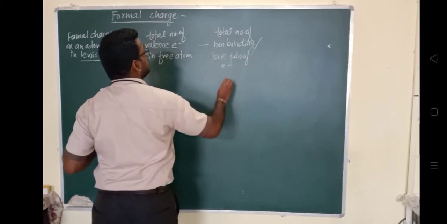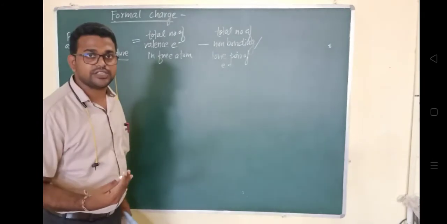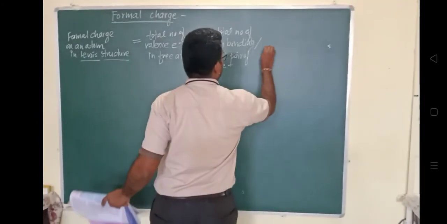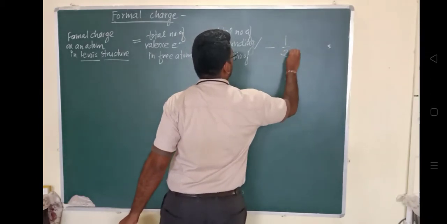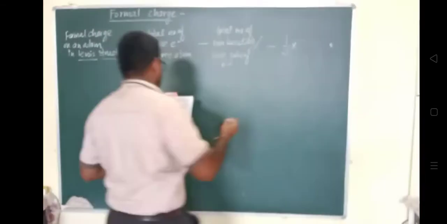How many electrons are present which are non-bonded? जो bonded नहीं है उनकी quantity. And minus 1/2 multiplied by the total number of bonding or shared electrons.